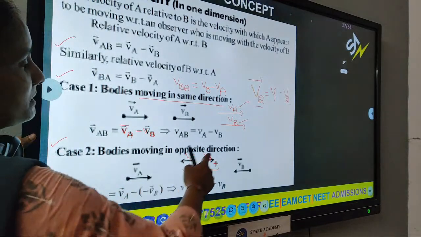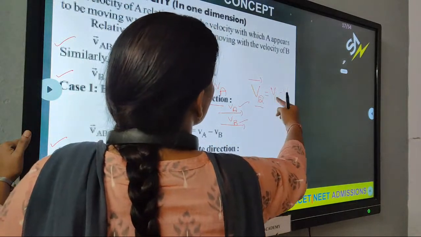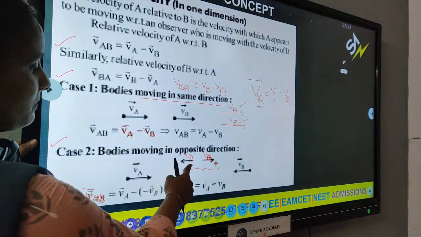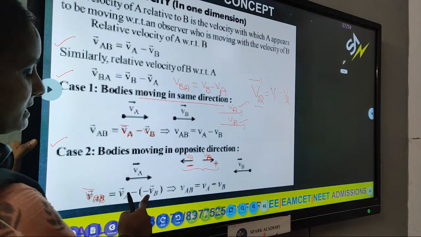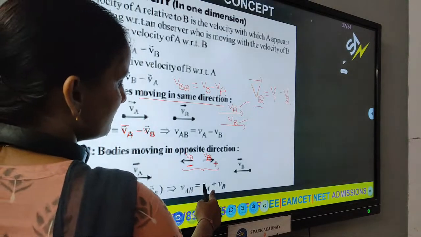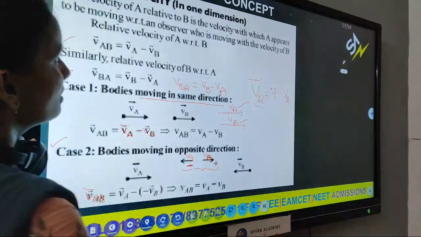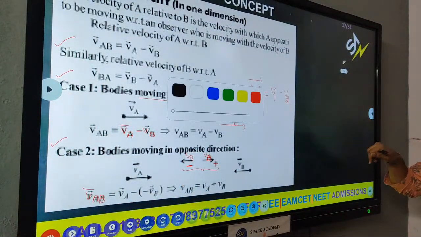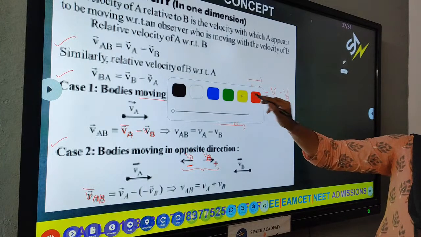So as per the concept, it is difference in their velocities. So we need to take VA minus VB, but VB is in negative direction, minus of minus, it will be VA plus VB. So in one dimension, about the relative velocity, they can ask the questions like this.